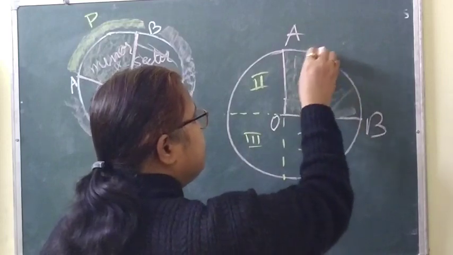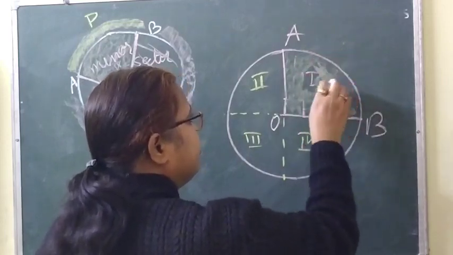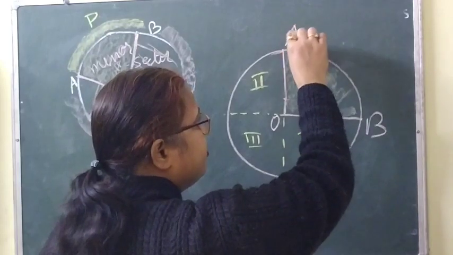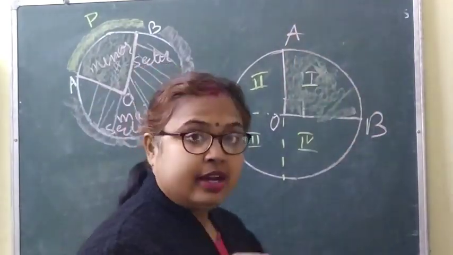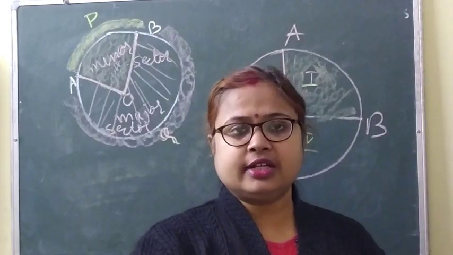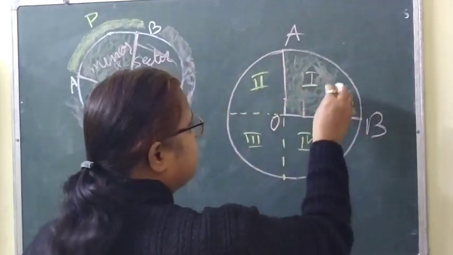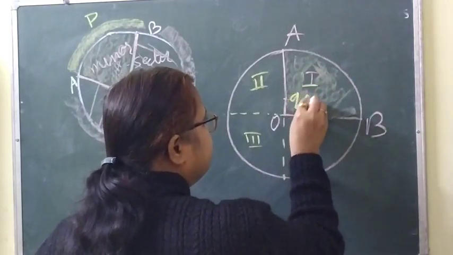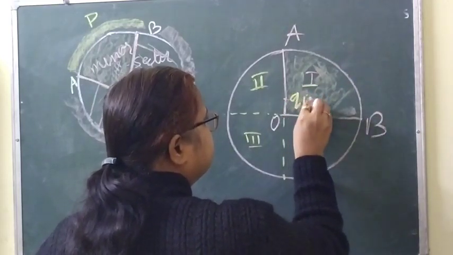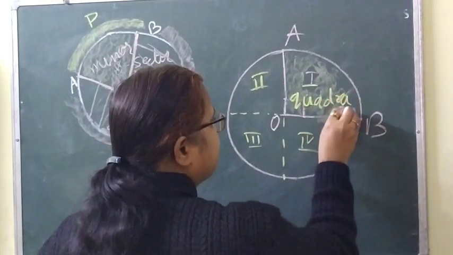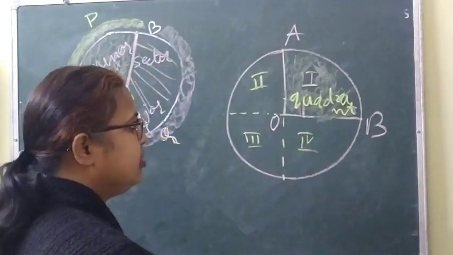So what is a quadrant? When two radii and an arc are arranged in this way, so that the angle between the two radii is 90 degrees, then the part of the circle is called a quadrant. So, this one is a quadrant. Clear?